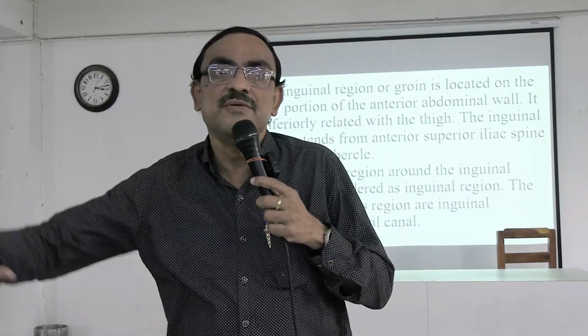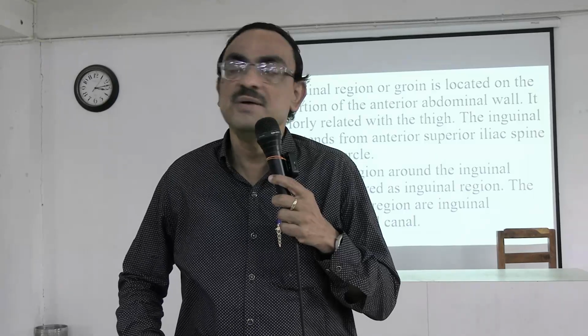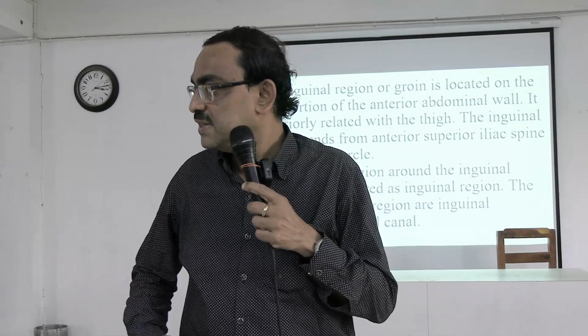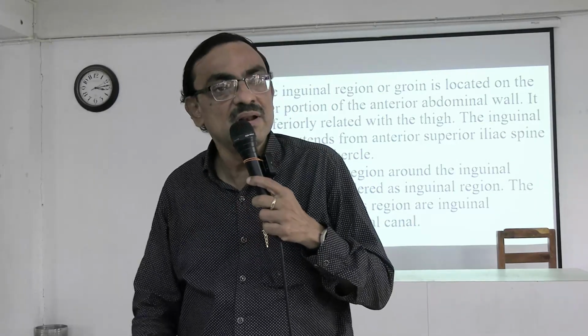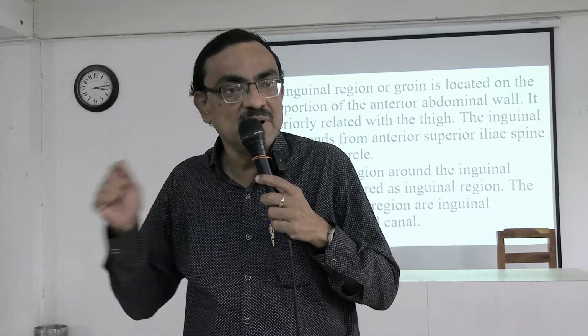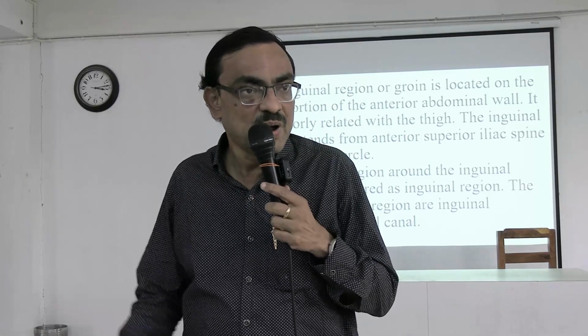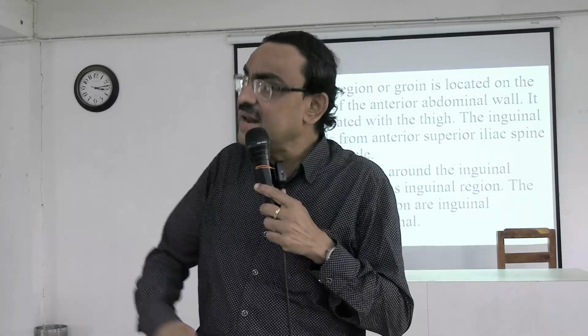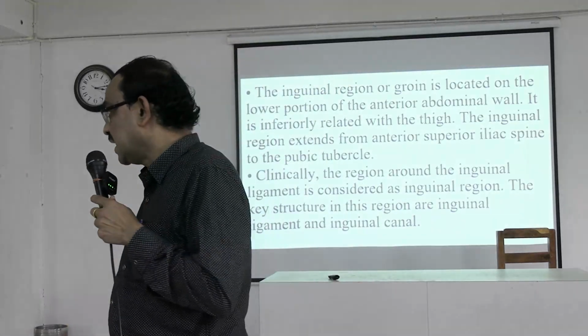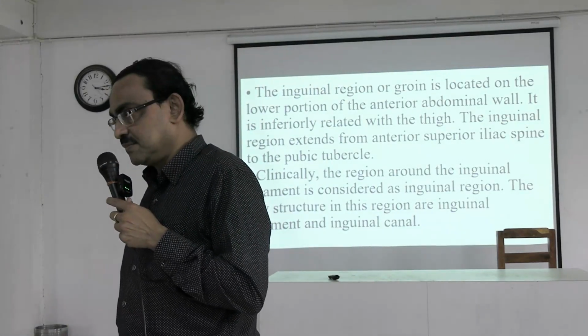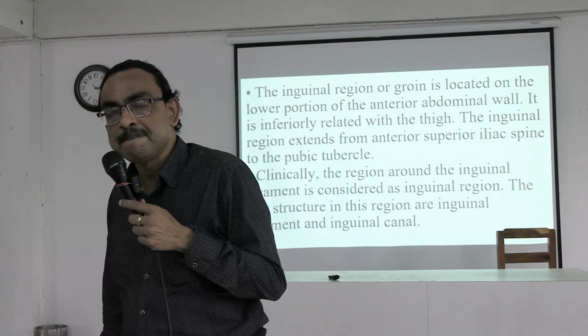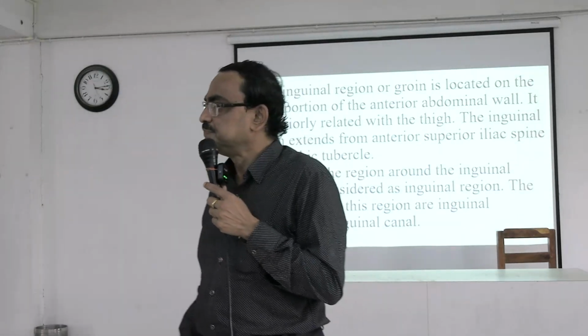So if I stab anybody in the abdomen, I have to penetrate all these layers one by one. Then I will enter into the abdominal cavity or pelvic cavity, the abdominopelvic cavity.